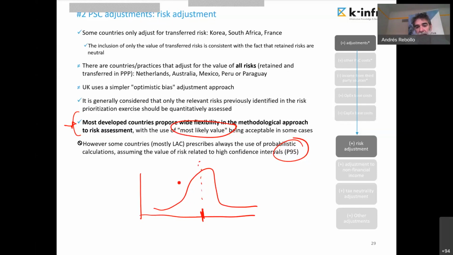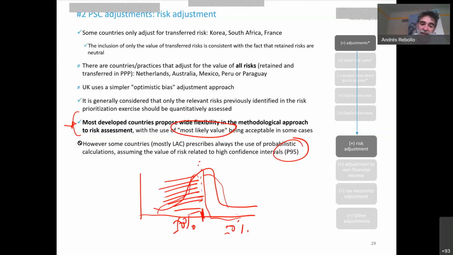That tells me that I have the same probability: this probability is 50%, and this probability is 50%. So with the P50, which is the median, I have the same probability of overestimating the value of the risk as underestimating it.